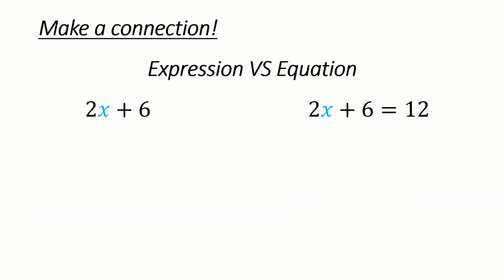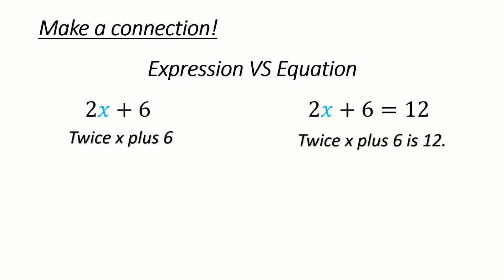So let's focus more on 2x plus 6 is equal to 12. What makes an equation different from an expression? When you deal with equation, what is very obvious is that there is an equal sign. Expression doesn't have. In terms of language, an expression is just a phrase, while an equation is a sentence, because it conveys complete meaning.